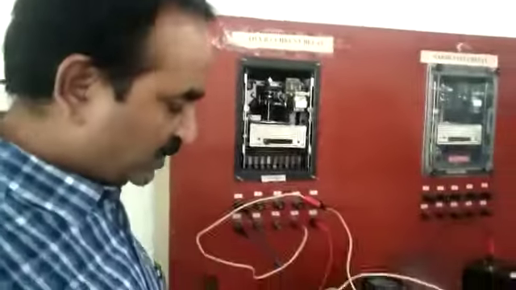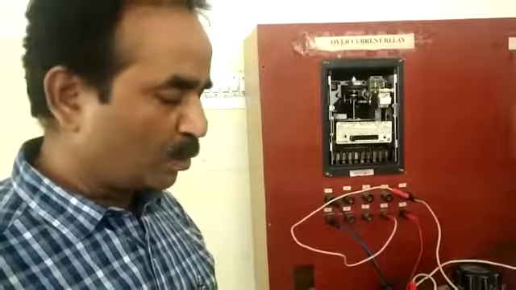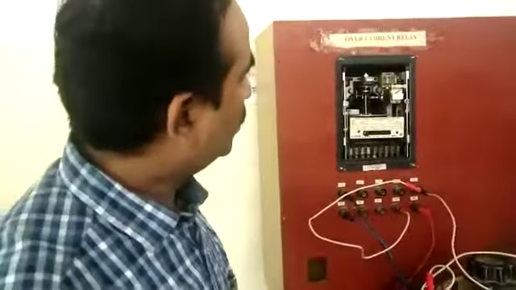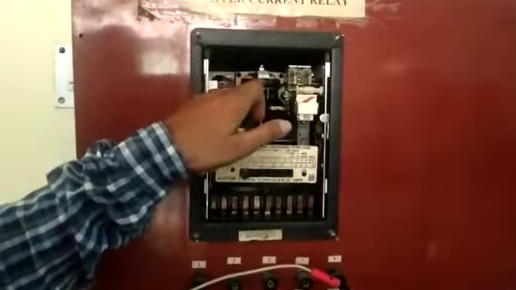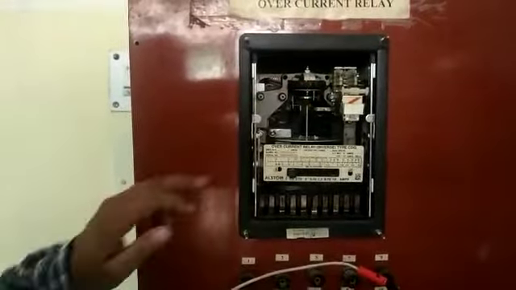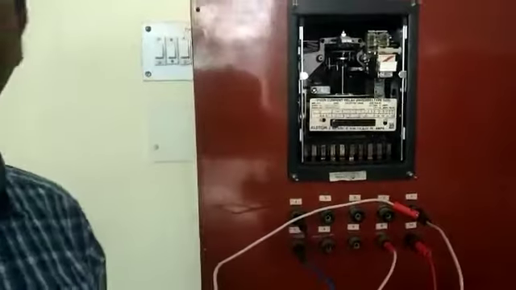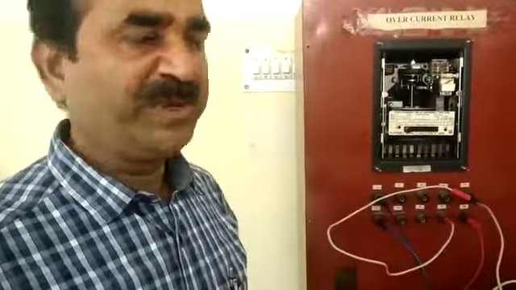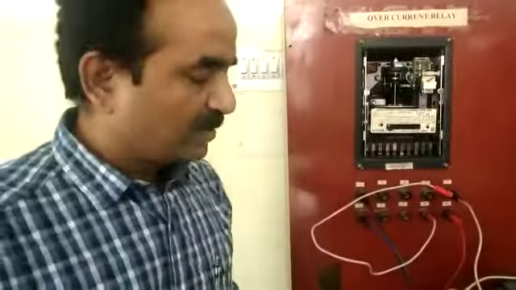It means which time to operate the relay, how much time is taken by the relay to operate. So we can change it through this wheel, this rotation. And this is the plug setting multiplier. So PSM, plug setting multiplier, is used to change the setting of ampere, and this is to change the time setting.